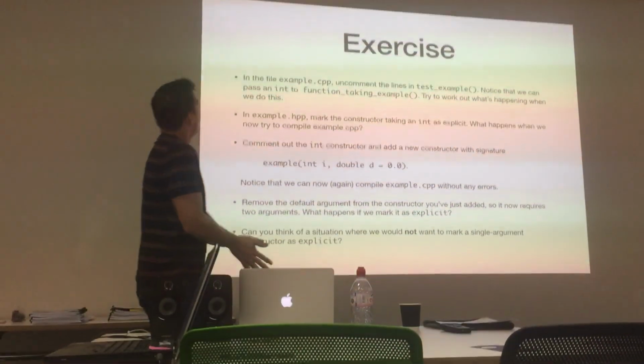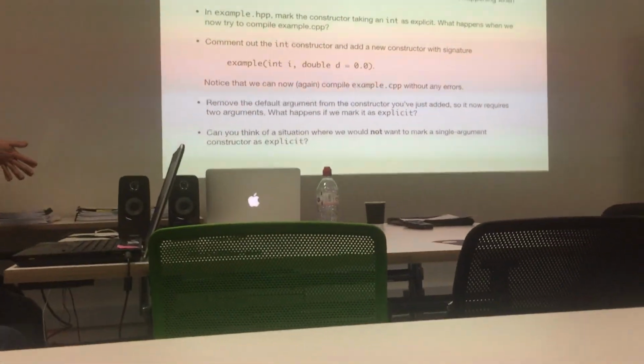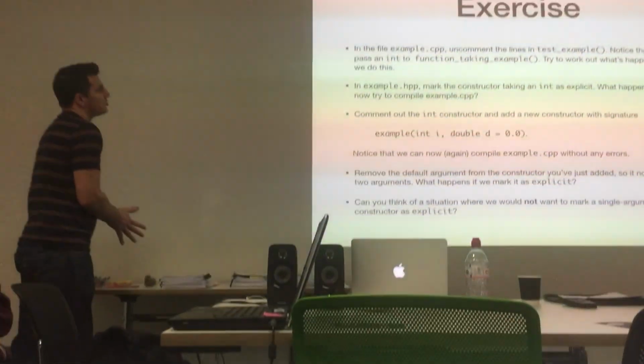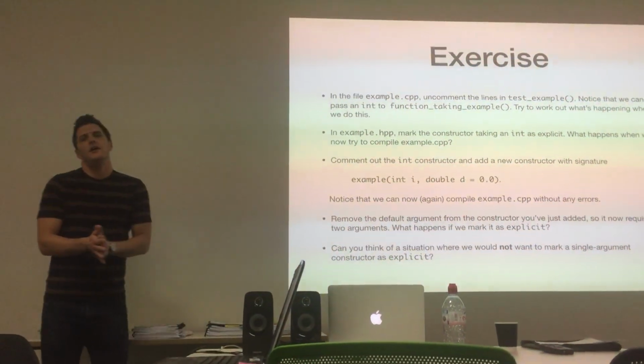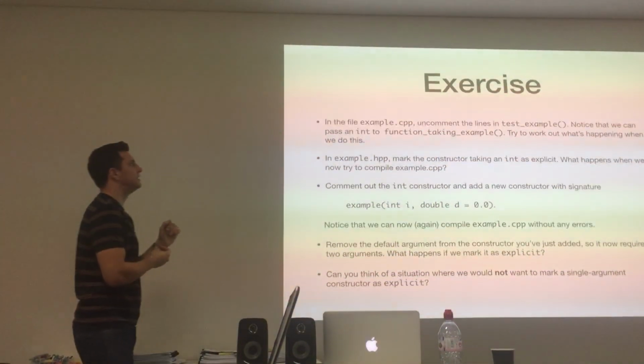Have some fun. If you look, there's a file called example.cpp. It's got some commented lines in. Uncomment them and try and run. I think it requires the default constructor, so you might have to add that back in if you deleted it.